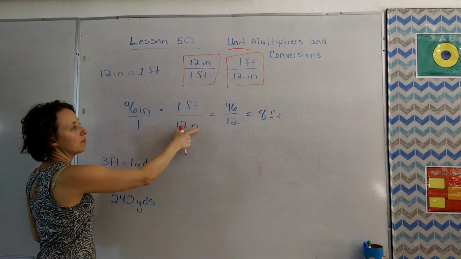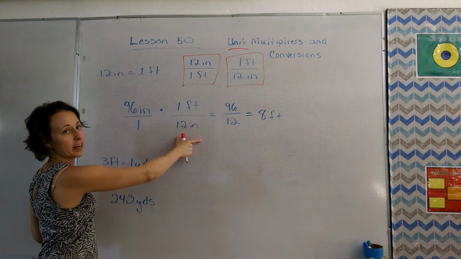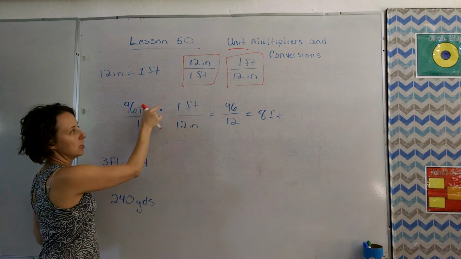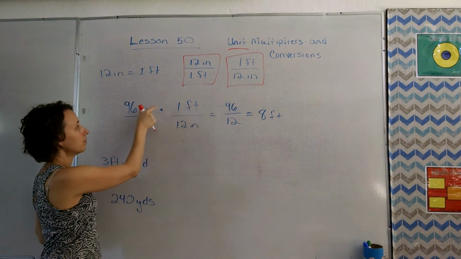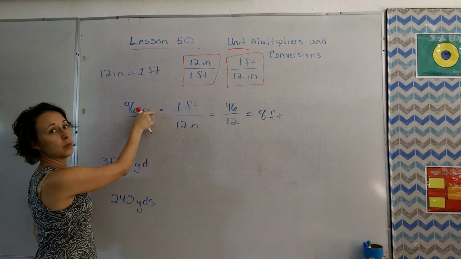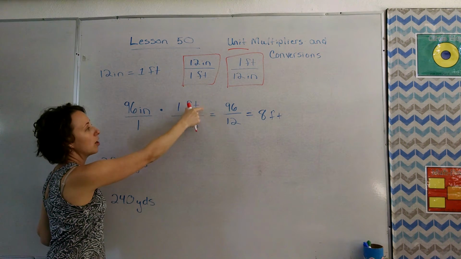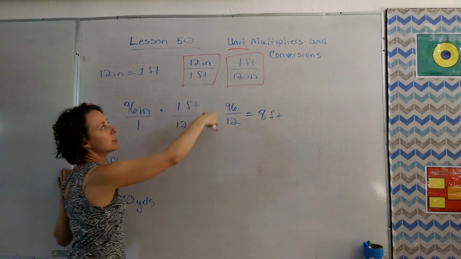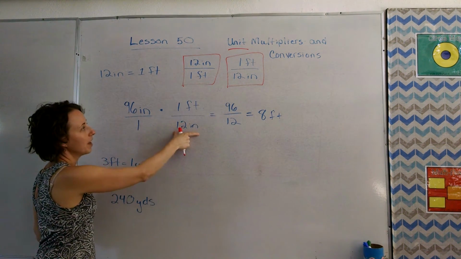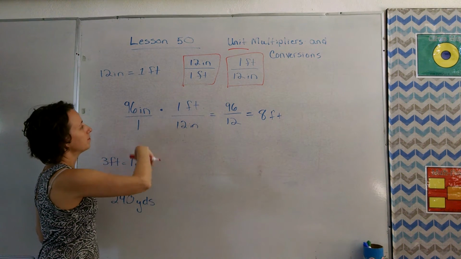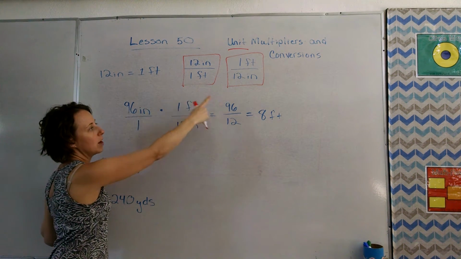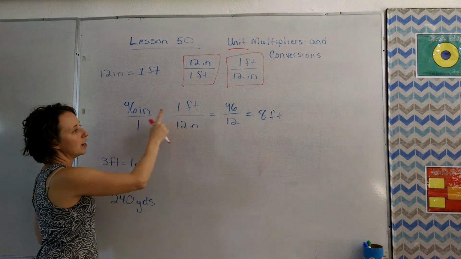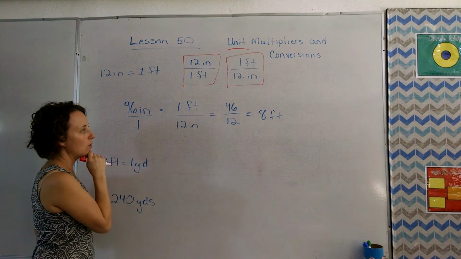So I'm going to pick the conversion that is feet over inches, because I want to go from inches to feet. So since I already have inches in my numerator, I want to have feet in my numerator. 1 foot to 12 inches. So I'm going to select this one. Now I can multiply. 96 times 1 makes 96. 1 times 12 makes 12.